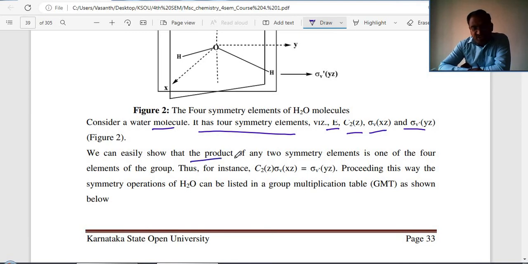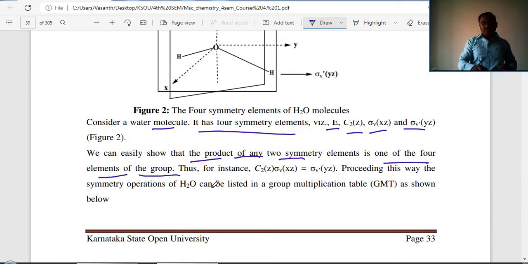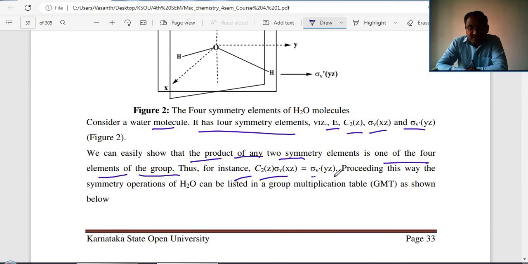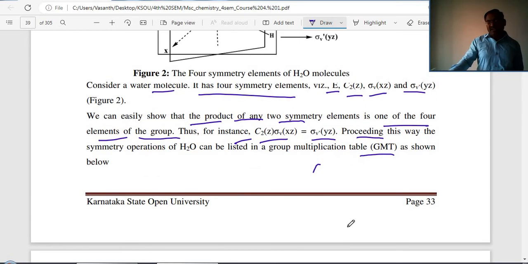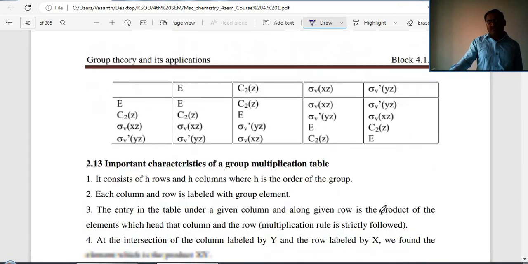We can easily show that the product of any two symmetry elements is one of the four elements of the group. Thus, C2 sigma v is sigma v dash.